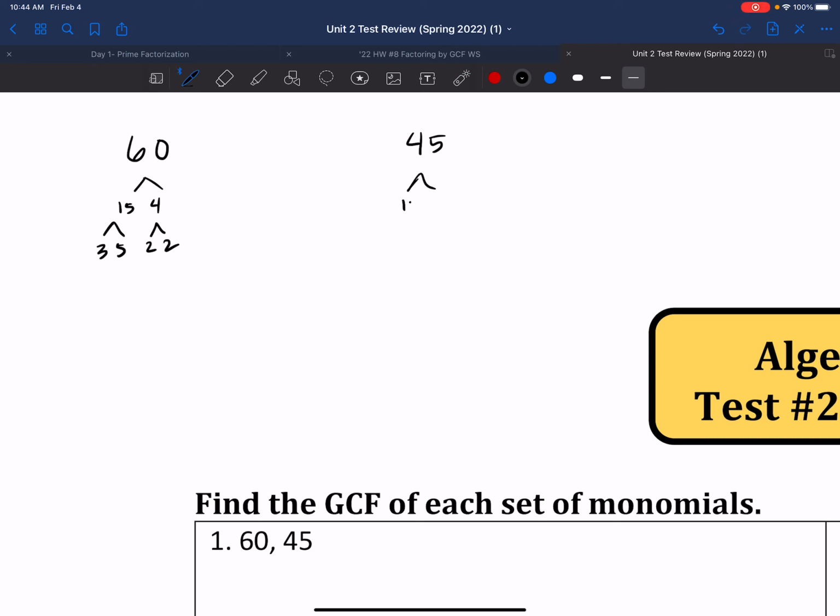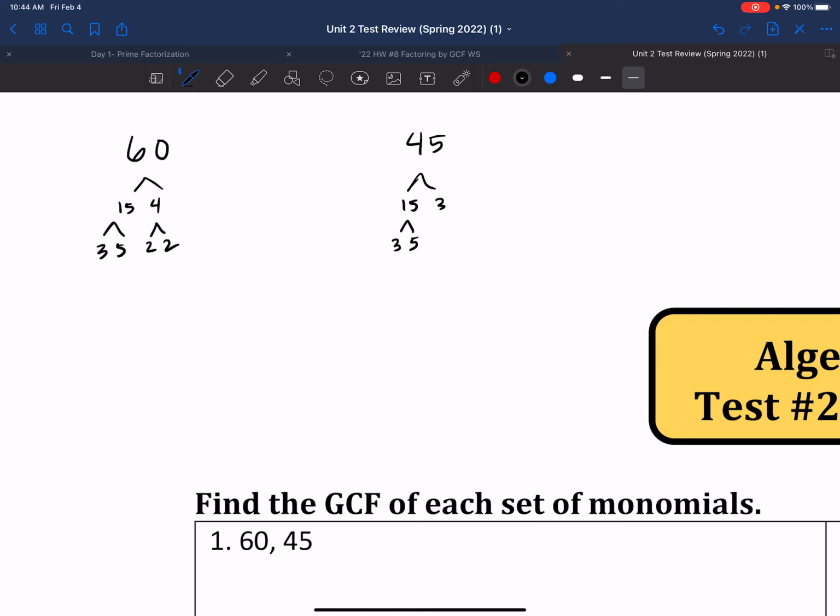I'm thinking 15 and 3, because 15 times 3 is 45, and 3 is a prime number, so I'm not going to break that down. 15 is not prime, it's a composite number, so I break it down into 3 and 5, exactly what we have here.